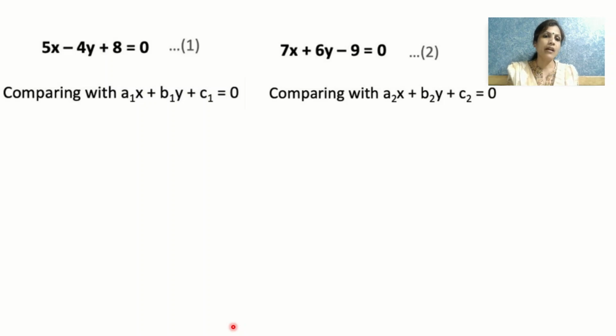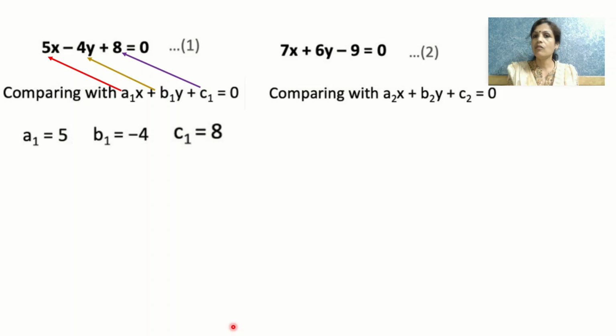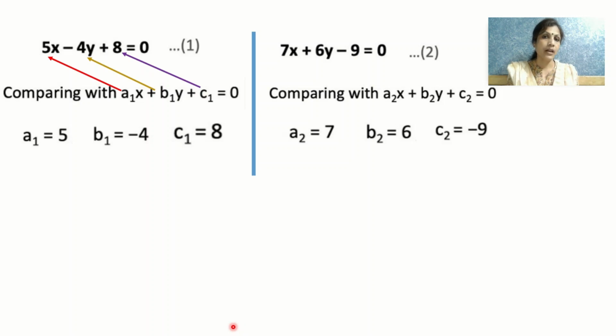If you compare equation 1 with its standard form, we get the value of A1 as 5, B1 as -4 and C1 as 8. In the same manner, for equation 2, we'll get A2 is equal to 7, B2 as 6 and C2 as -9. Please keep in mind, do not forget to see whether the coefficient has negative sign or not.